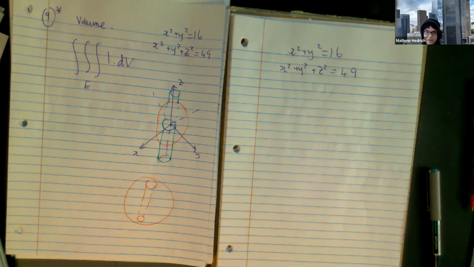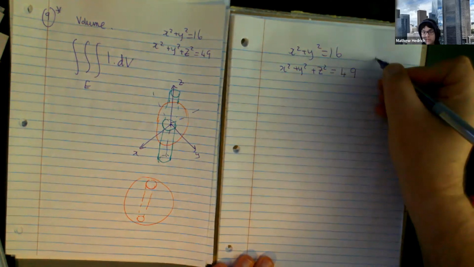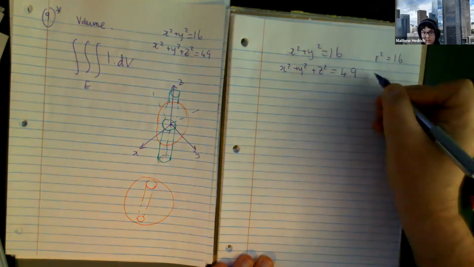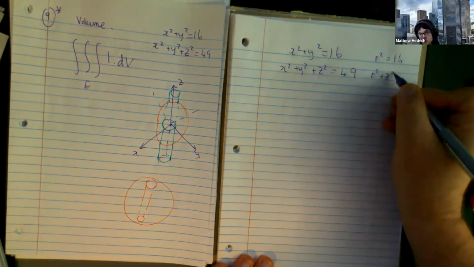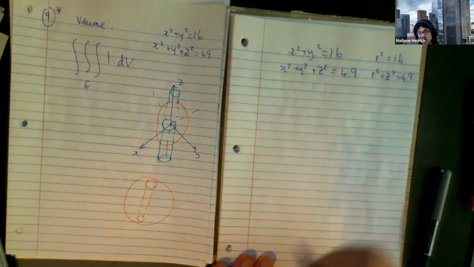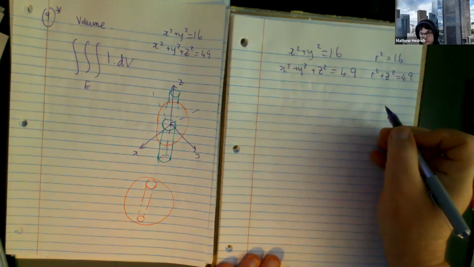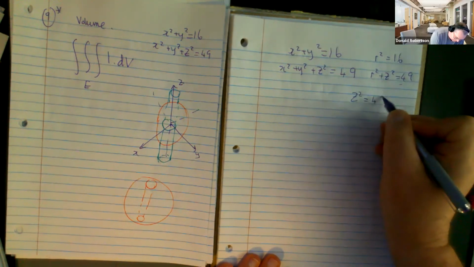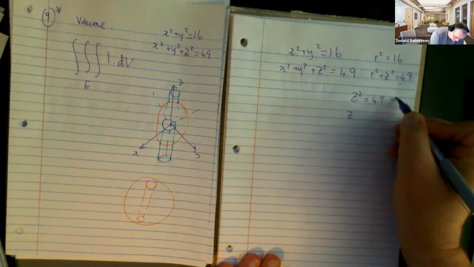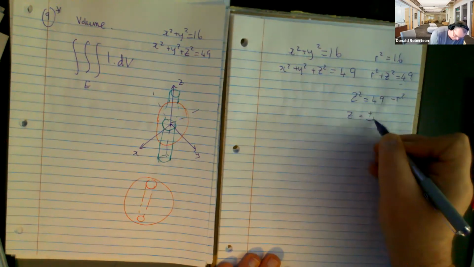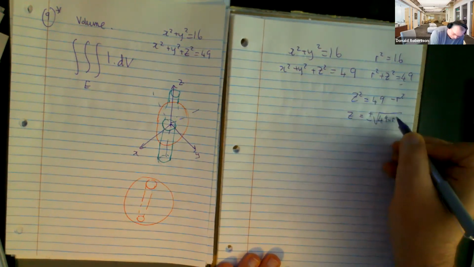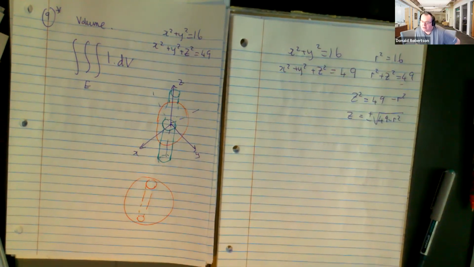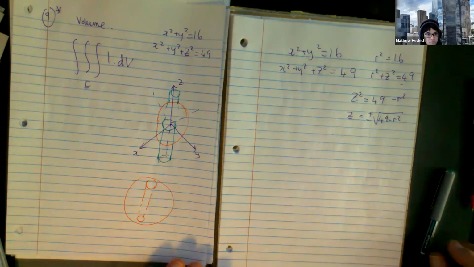Well, first converting the x squared plus y squared into r squared, and then subtracting that from both sides of x squared plus y squared plus z squared equals 49, and then taking the square root of both sides. Okay, so if you took this, is that essentially what you did? Yep. Okay, now, looks good.